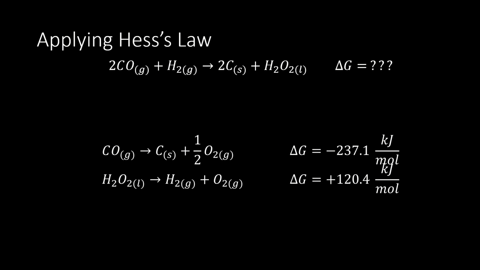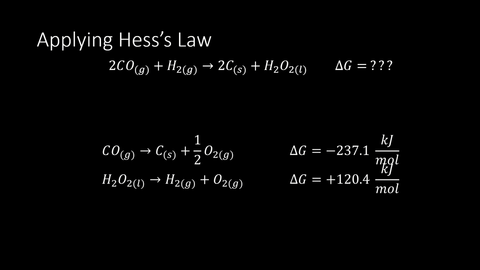The nice thing about Hess's law, even though this is normally discussed when we just look at enthalpy, is that every single parameter in thermodynamics, from free energy change to enthalpy change to entropy change, they're all state functions. It does not matter how many steps it takes to go from start to finish.